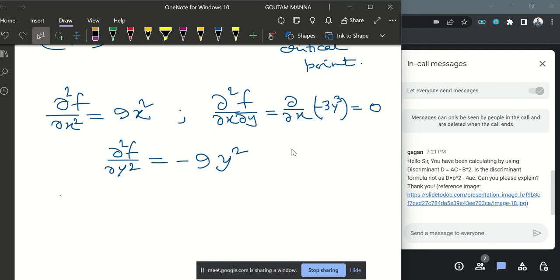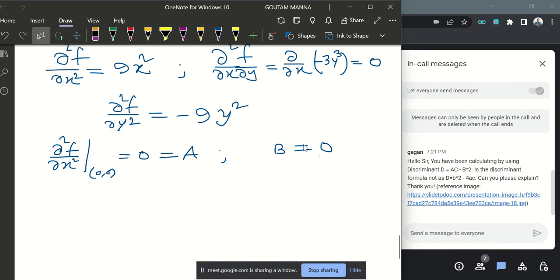So now del 2f del x2 at 0 0 is 0, which means basically a equals 0, and b is 0, and c equals del 2f del y2 at point 0 0, because that is our critical point, and its value is also 0.